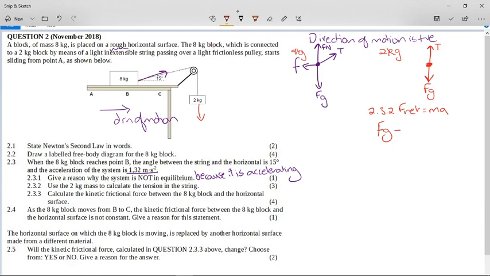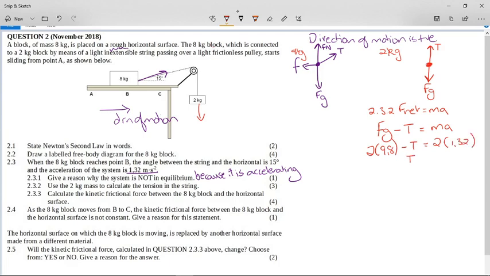Okay, so Fg minus the tension is going to be equal to the mass times the acceleration. So now that we've figured out where the forces are and what they're doing, we can substitute here. We're using the 2 kilo block. So the force due to its mass is 2 times 9.8 minus T. It's going to be equal to 2 times the acceleration, which was 1,32.